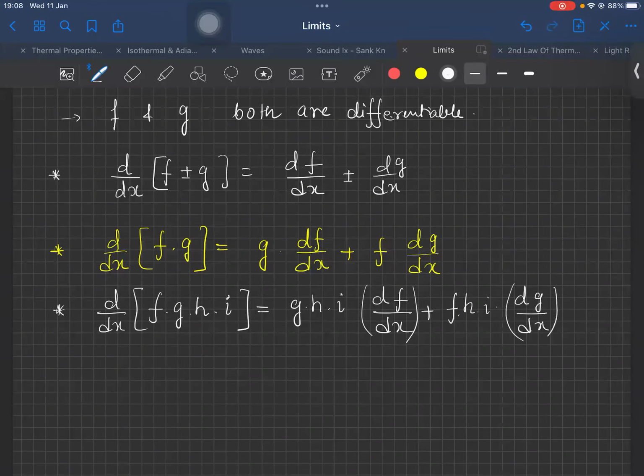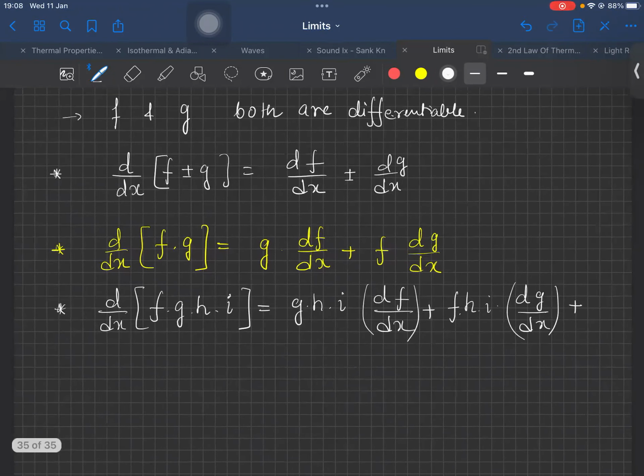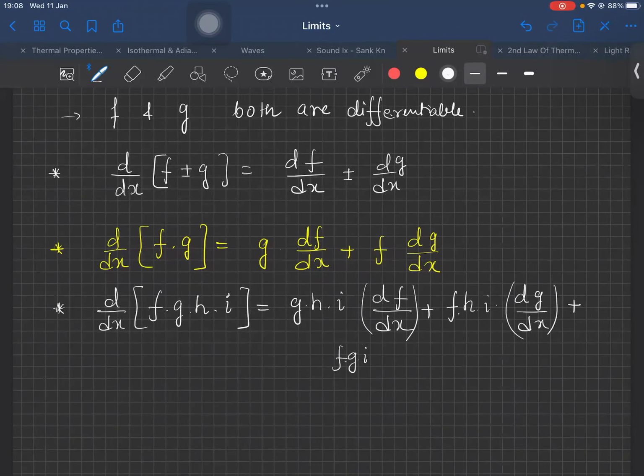Of course, f, g, h, and I are functions of x. Plus now let's write f, g, I, these are product, d h upon dx. Plus f, g, h, di upon dx.